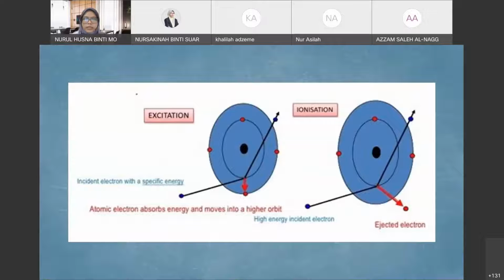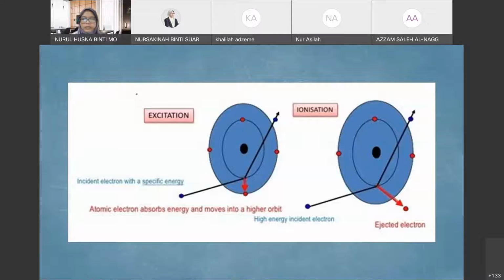So let's take a closer look at how non-ionizing radiation disturbs the electron in an atom. Okay, so as we said before, it disturbs the electron. This disturbance from the radiation will cause the electron to move to a higher energy level, like we can see in this diagram, when it absorbs the energy from the heating radiation.